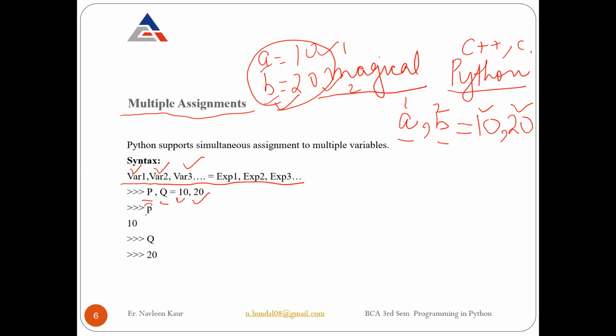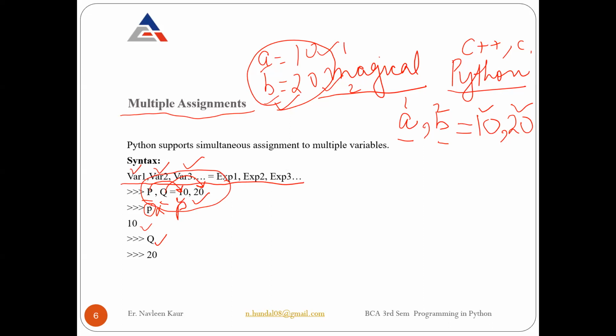If you write capital P, the output will be 10 because P got the value 10. And if you print Q, it will give the value 20 because this assignment has given these values to it.